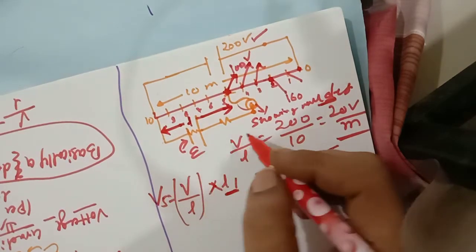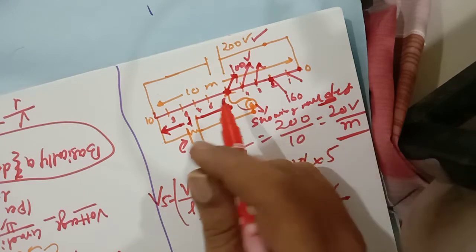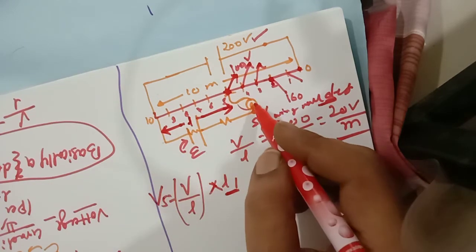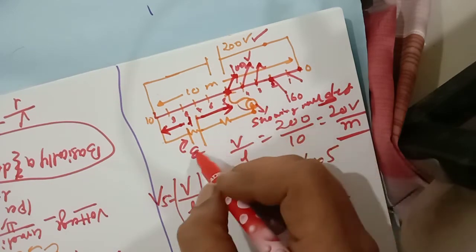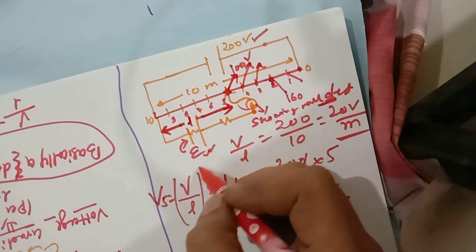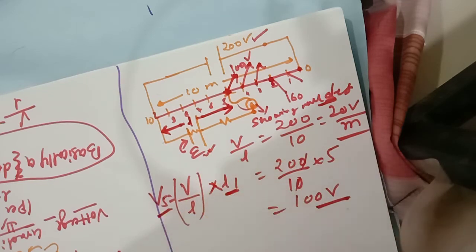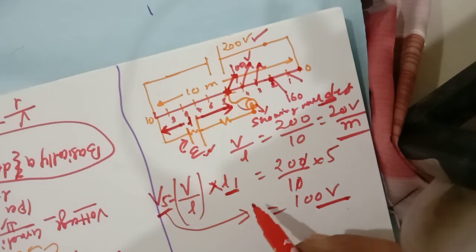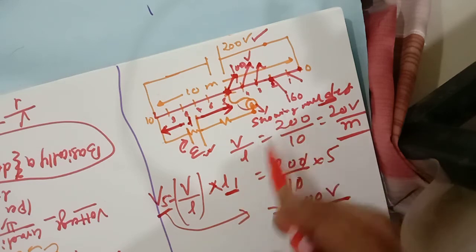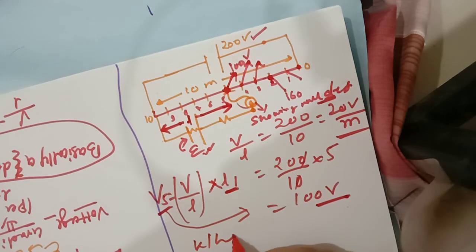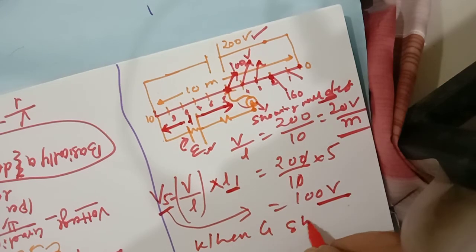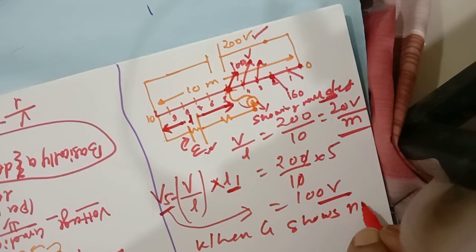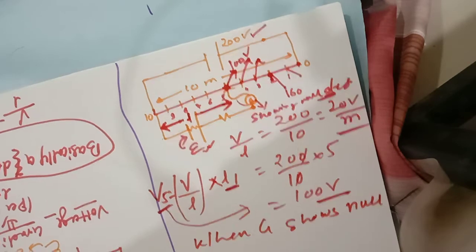Now how can I say that if this galvanometer shows me null deflection, then the EMF is the same as what we are calculating over here? So when G shows null, what happens at that time?